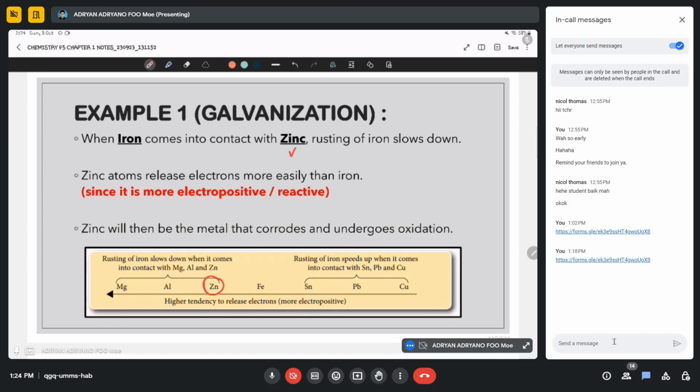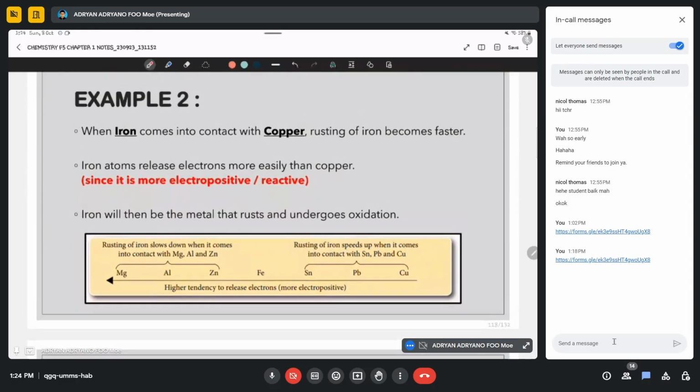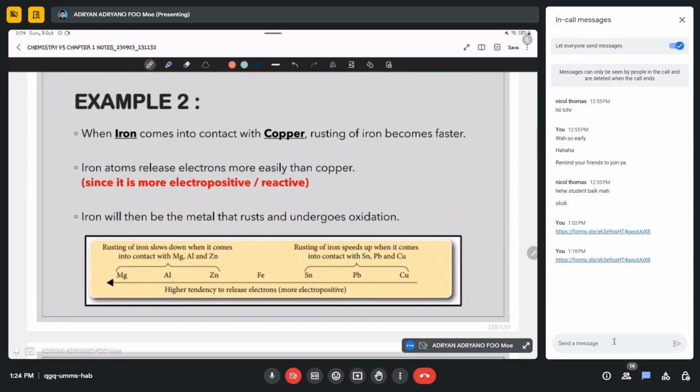That is why they say rusting of iron slows down. That's what it means. Conversely, when I put a less electropositive metal, copper, which is below iron, they want to accept electrons, they don't want to release them.